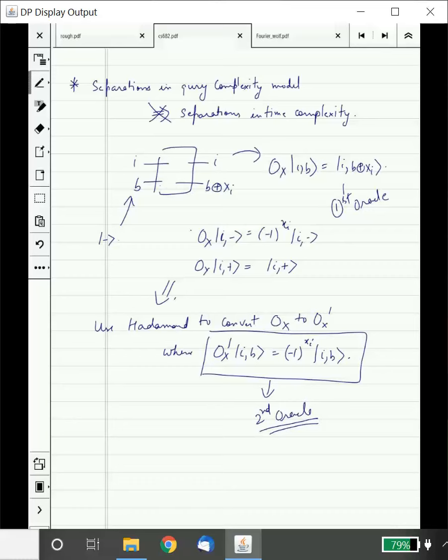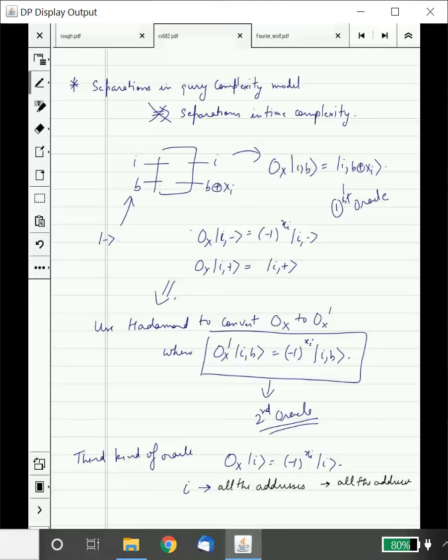Actually, it turns out there is a third kind of oracle which is also equivalent, which does O_X of i is (-1)^{x_i} i. The b register is not needed, but now instead of ranging over all the addresses, it will range over all the addresses plus 1.